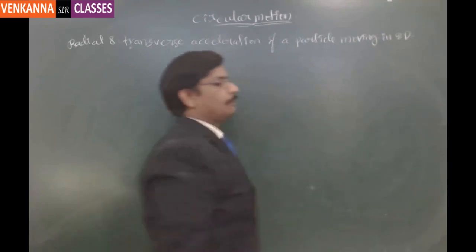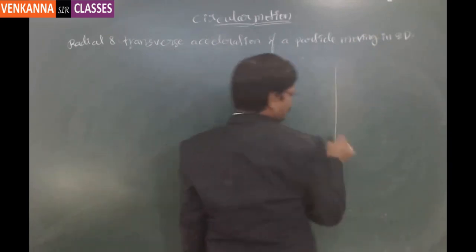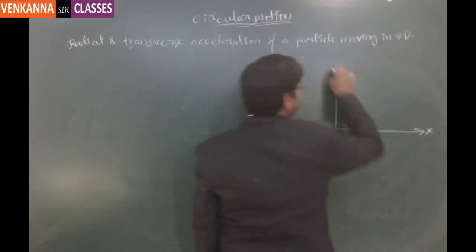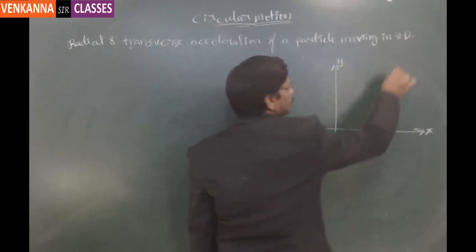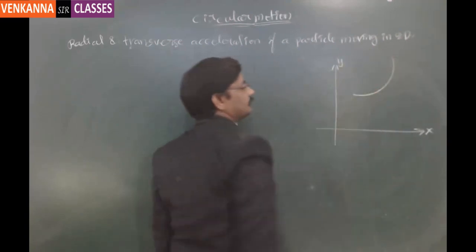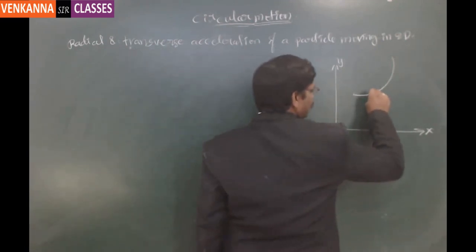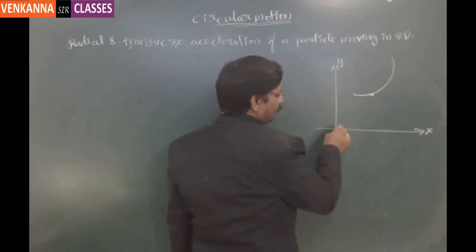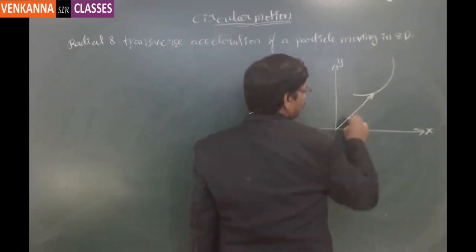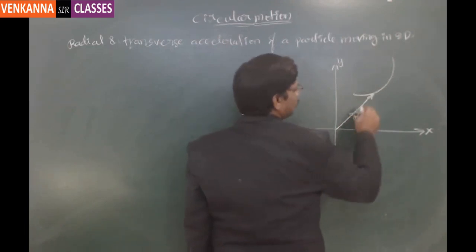Now, a particle, let us say this is the x-axis and this is the y-axis, and the particle is trying to move in this particular direction. Now at any instant, if you try to locate the particle, which is at this location, at a radial distance of r, let us say this is the r vector.